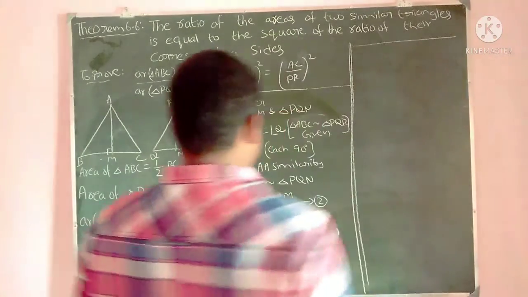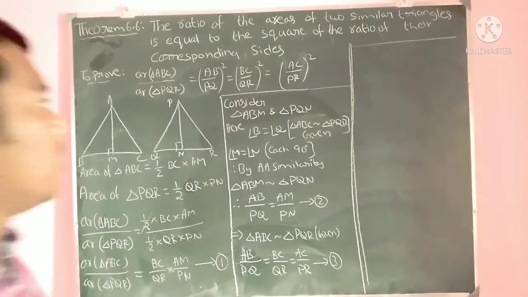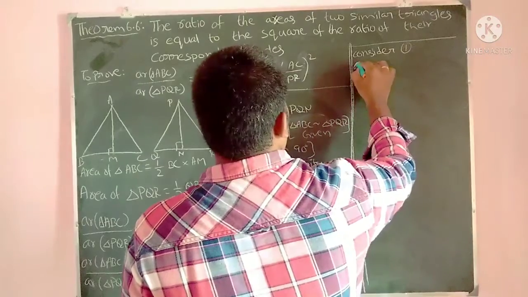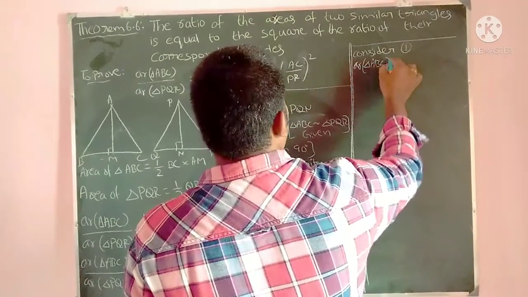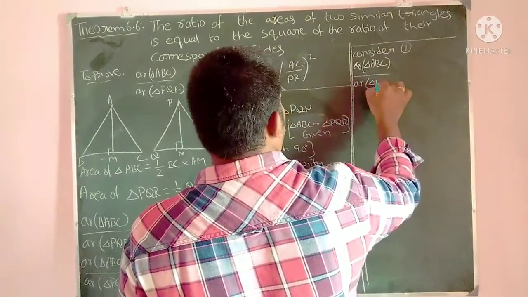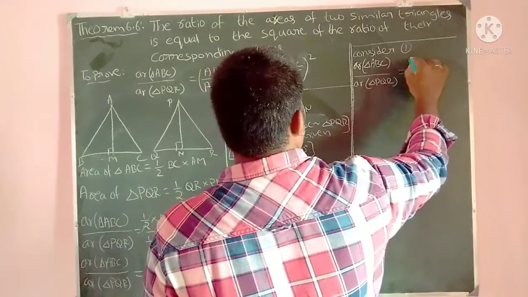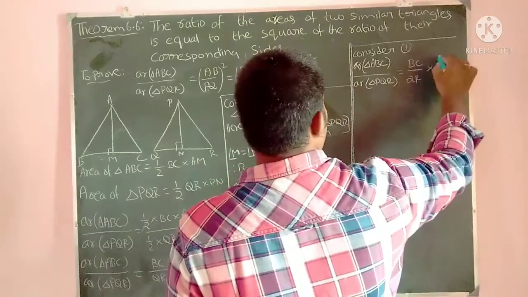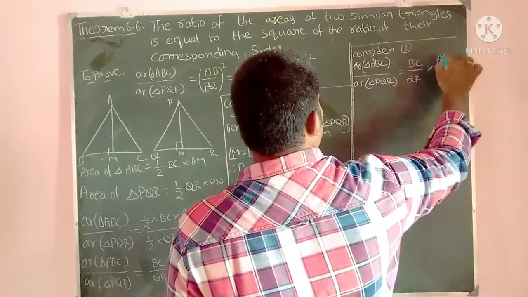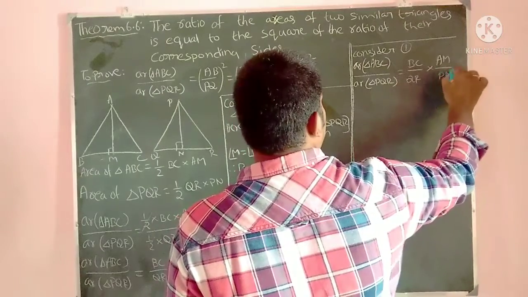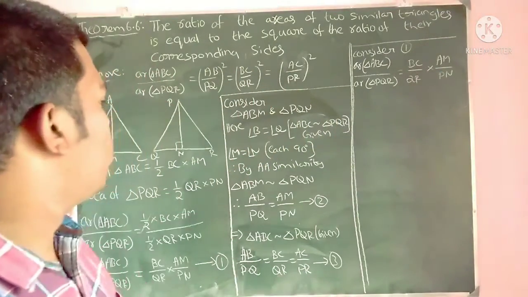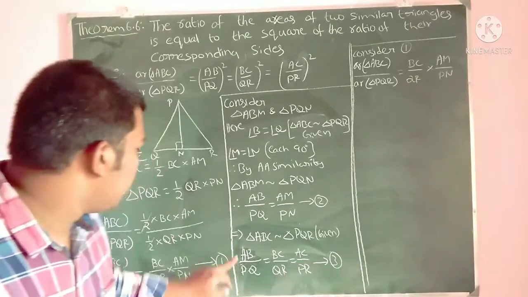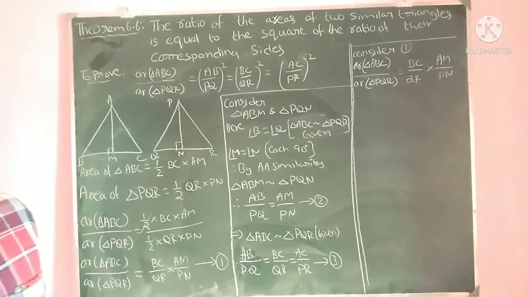So the continuation I am writing here. Consider 1. What did we get in 1? Area of triangle ABC by area of triangle PQR equals BC by QR into AM by PN. Now from 2, what can we write? AM by PN means we can write AB by PQ, and from 3, AB by PQ means we can write BC by QR.